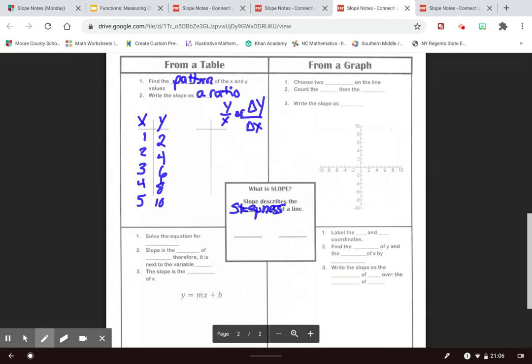So the way I'm going to do this is, again, I'm going to look for the pattern. If I look here at my pattern, my y's are 2, 4, 6, 8, and 10. So my pattern here is plus 2, or they are increasing by 2 each time. So if I was going to write a ratio here for slope, my change in y is going to equal 2.